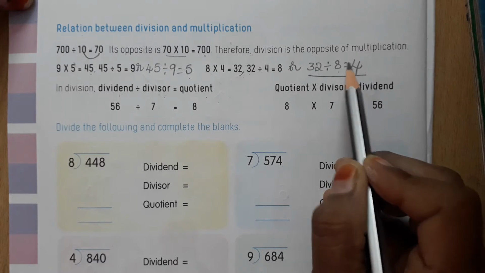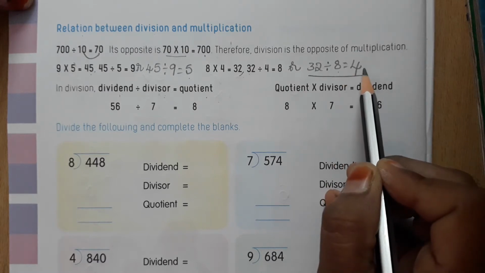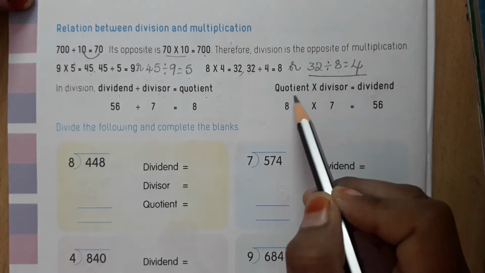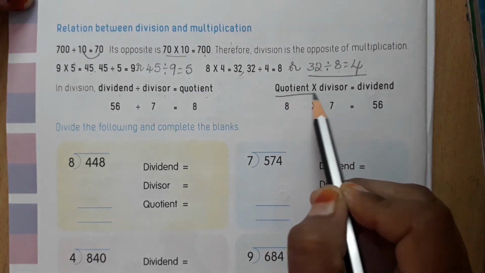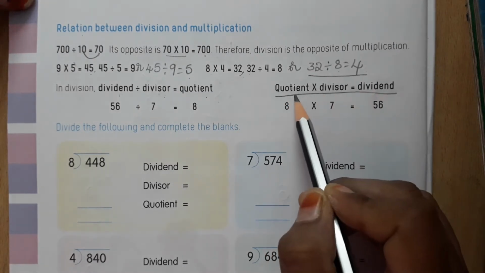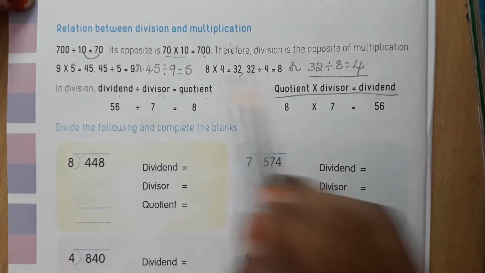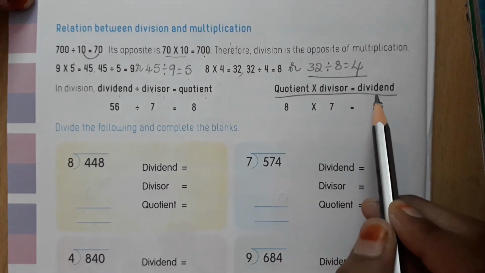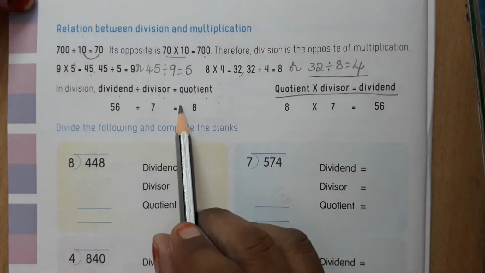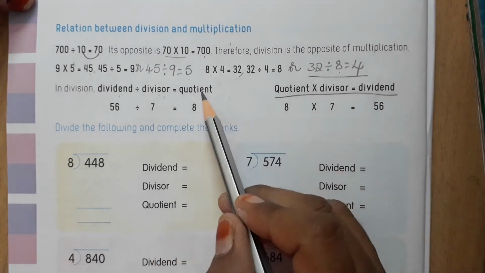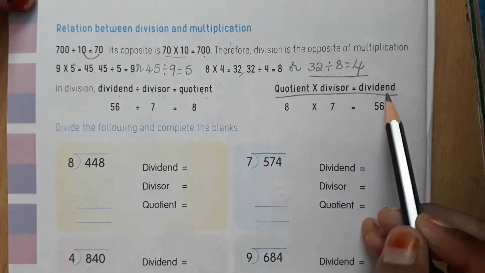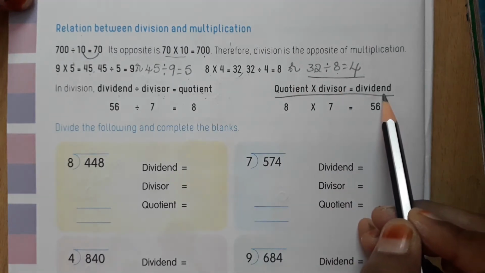The number after equal to is the quotient, children. Now here is a formula, division formula. Quotient into divisor is equal to dividend. Sorry children, this is not the division formula. The opposite for this: quotient into divisor is equal to dividend.